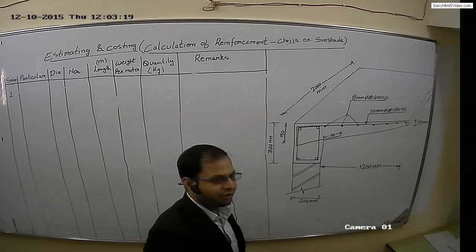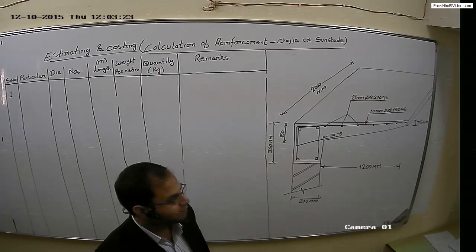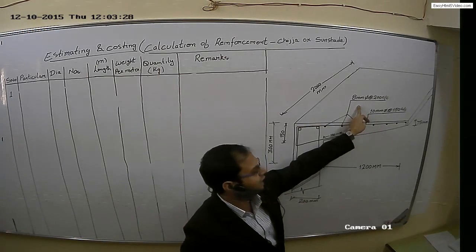There are only two reinforcement. One is main reinforcement and second is distribution steel. So main steel is of 10 mm and the distribution is of 8 mm steel.